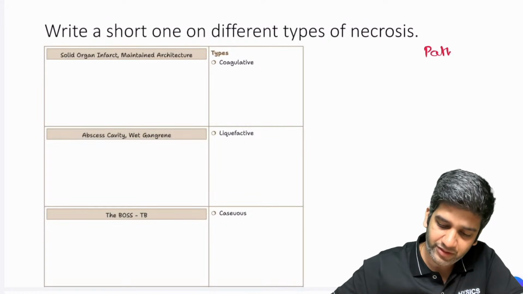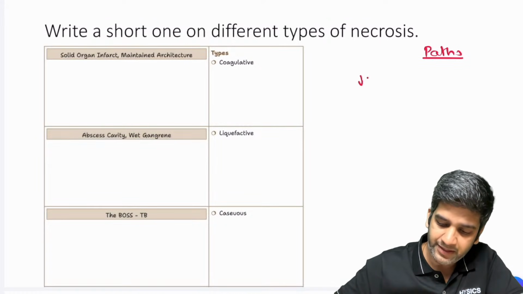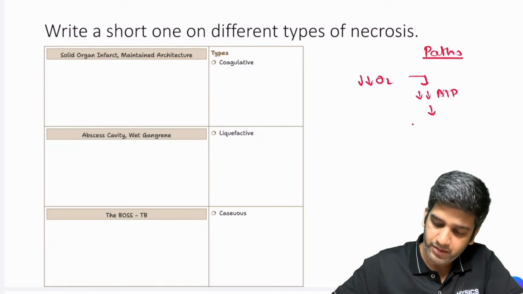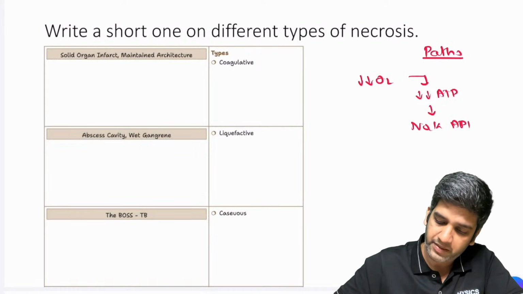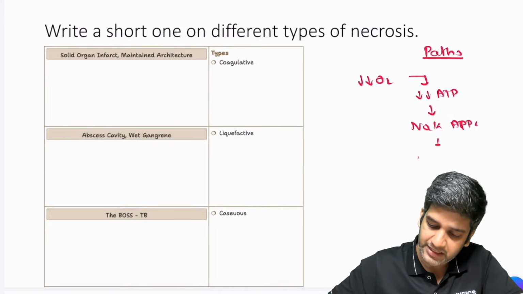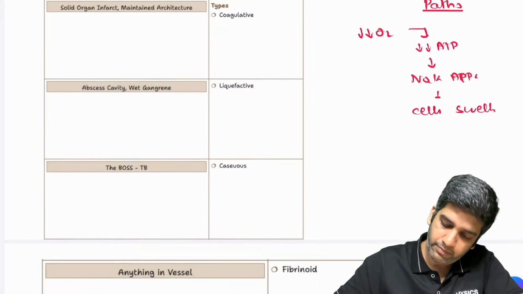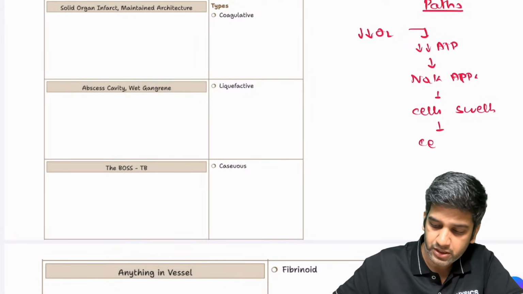In the pathogenesis of reversible and irreversible cell injury, there is reduced oxygen. Because of reduced oxygen, you have reduced ATP. Because of reduced ATP, there is no sodium potassium ATPase. When sodium potassium ATPase is gone, automatically the cells swell. When the cells swell, by default there will be bleb formation.